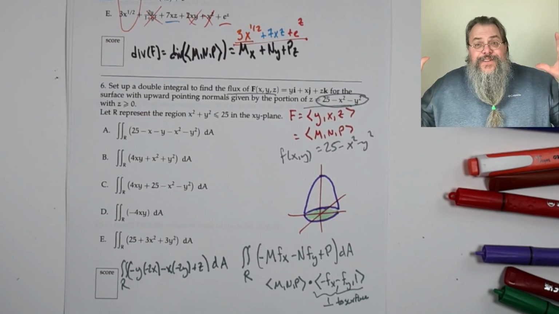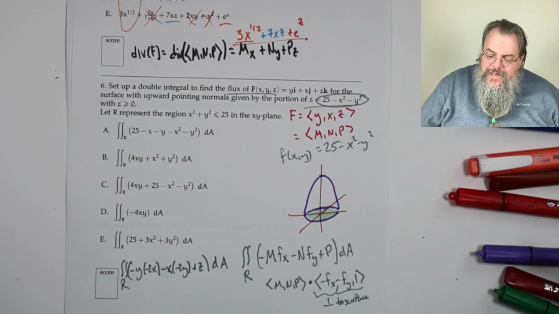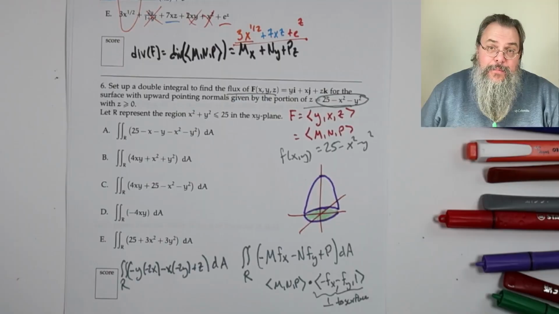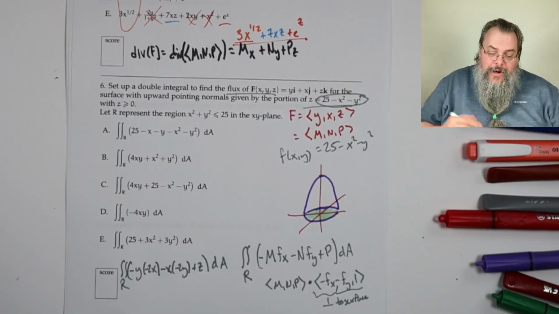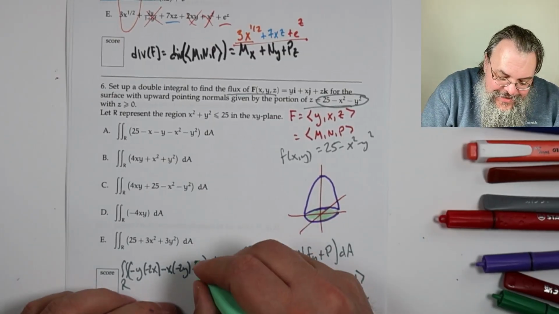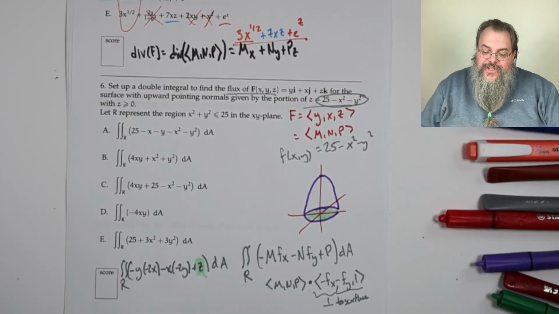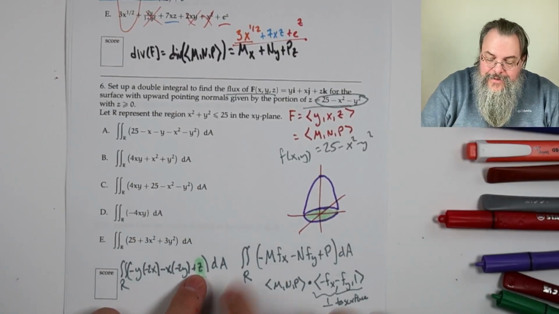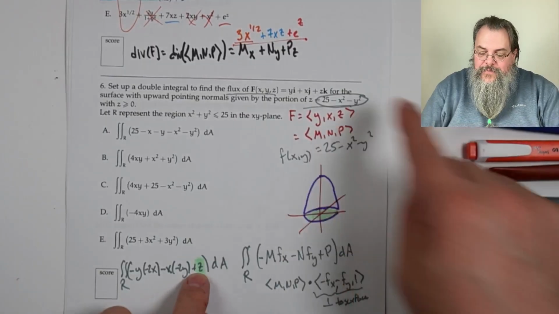Now, cool. That is almost it, but not quite. There's one subtle thing. This is a region in the plane. So our integral needs to be in x and y. There's a z there. That's not going to fly. So you have to replace the z. And how do you do it? Well, we use the fact that we know z equals f of x, y.